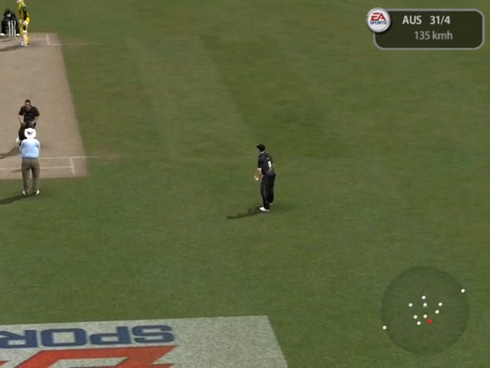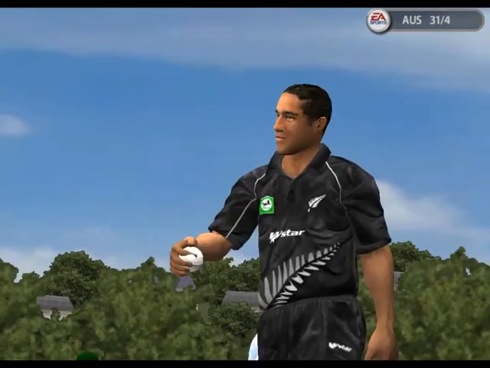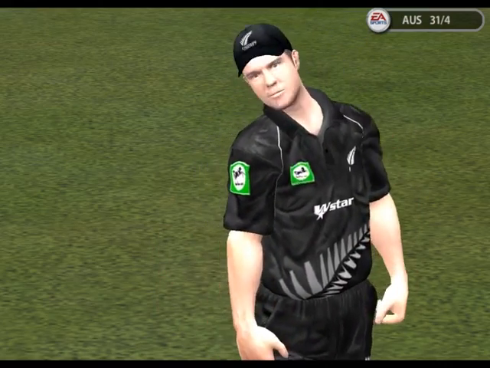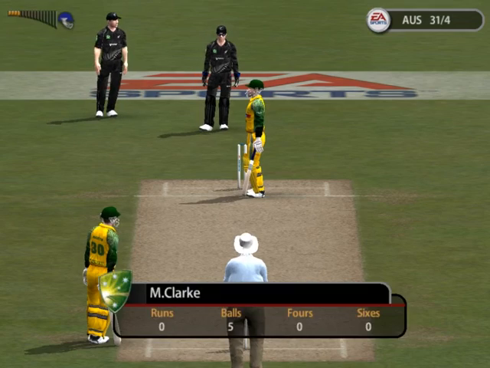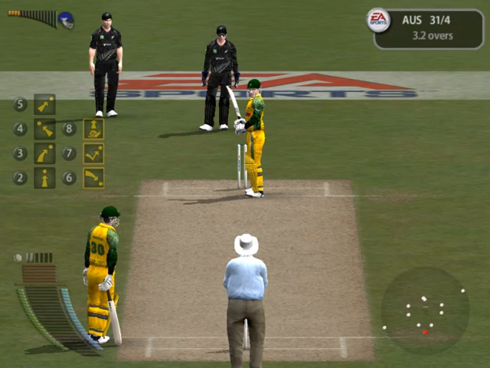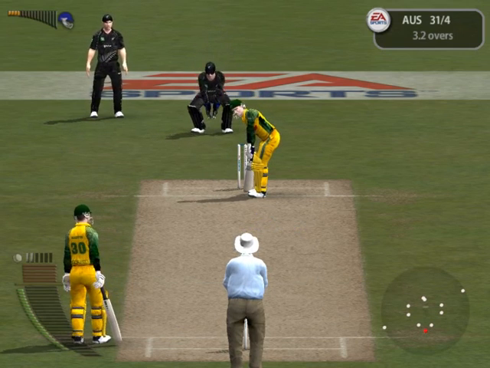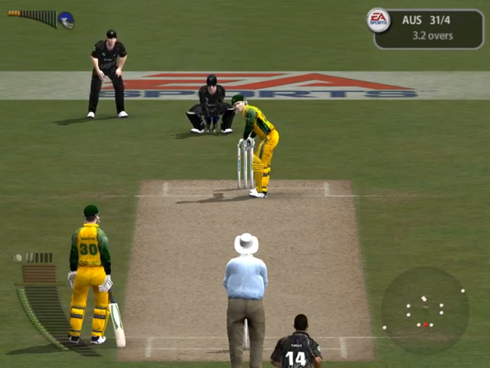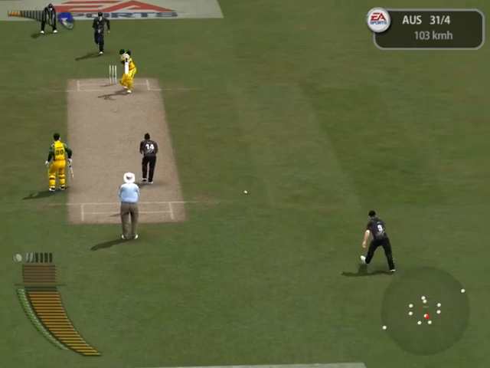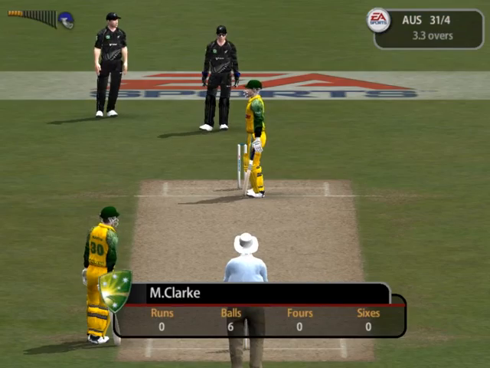Hit straight to a fielder. Tuffy continues. It's straight at Astol. Clark facing.